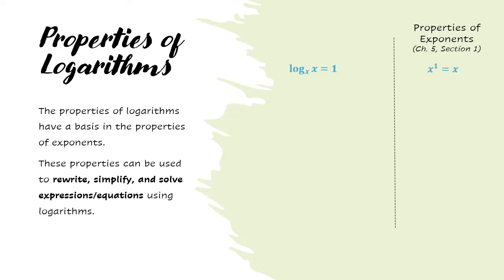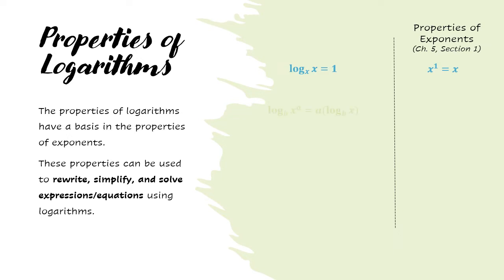The parallel property of exponents is that whenever we raise some number to the first power, it doesn't change. It still equals that same number. So this is really just logarithmic form and exponential form of the same equation, and we would call this a property of logs versus a property of exponents. Okay, that's probably the simplest one.